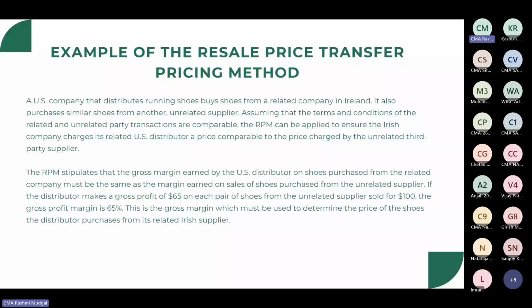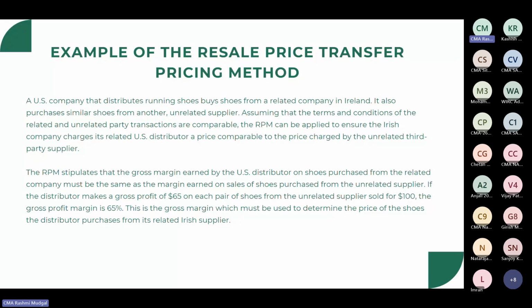The resale price method stipulates that the gross margin earned by the US distributor on the shoes purchased from the related company must be the same as the margin earned from the sales of shoes purchased from the unrelated supplier. If the distributor makes a gross profit of $65 on each pair of shoes from the unrelated supplier and sells at $100, the gross profit margin is 65%. This is the gross margin which must be used to determine the price of the shoes the distributor purchased from the related Irish supplier.